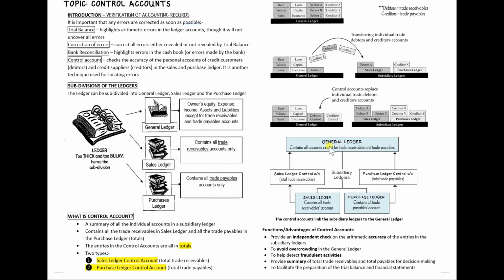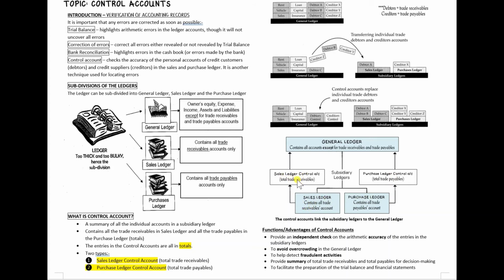Now, the general ledger contains all the accounts except for the trade receivables and trade payables. Actually, this is repetitive, but just so you can really understand it. Then we have also the subsidiary ledger: the sales ledger and the purchase ledger. The sales ledger contains the trade receivables, the purchase ledger contains the trade payables. So for the sales ledger, we will come up with the control account.